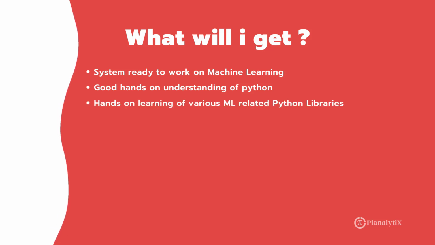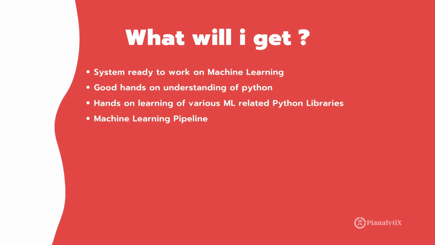Once we are comfortable with Python and its different libraries, we will move to the machine learning pipeline. What are the different components in a machine learning pipeline? How do we get the data and clean it? Once we clean the data, what are the different factors we need to take care of? How can we divide our data into training and test sets?